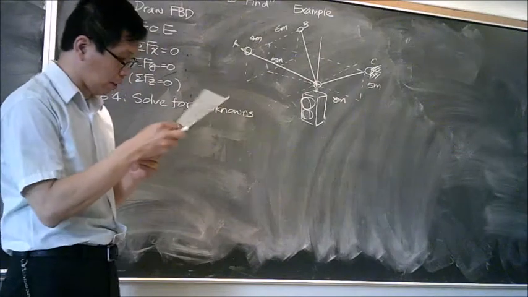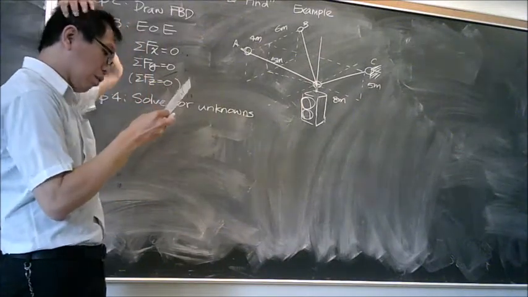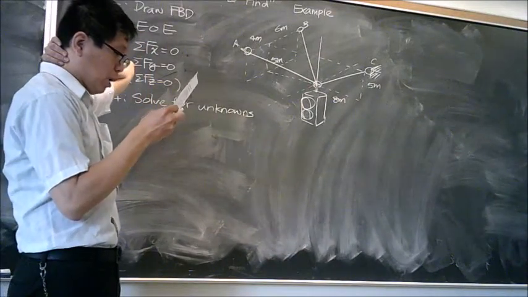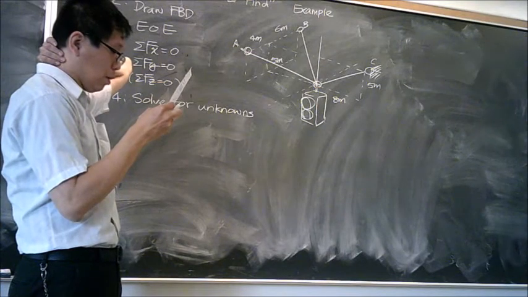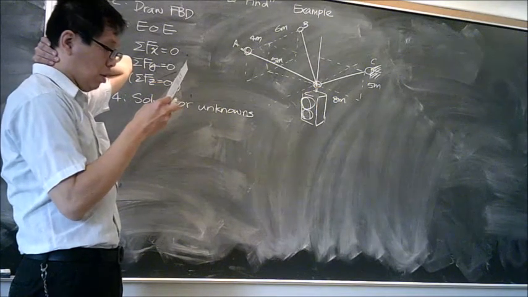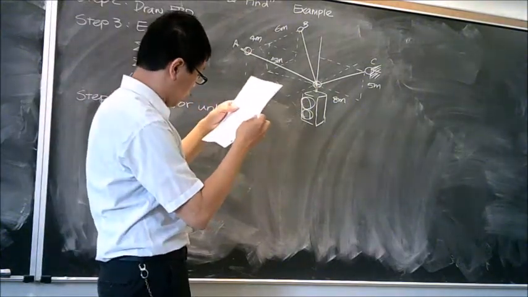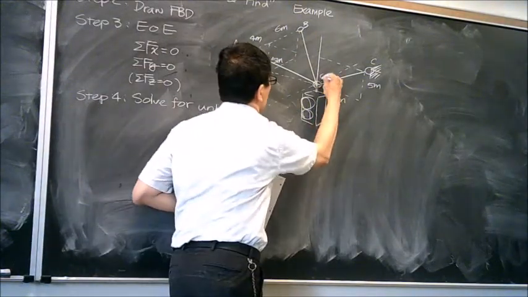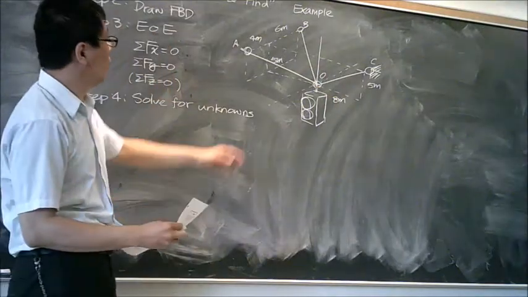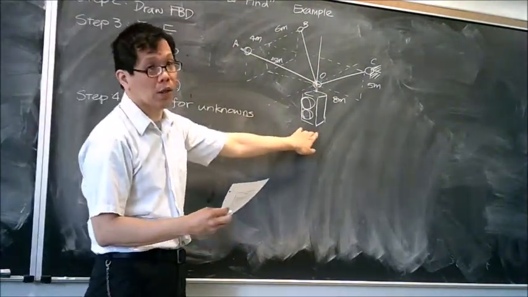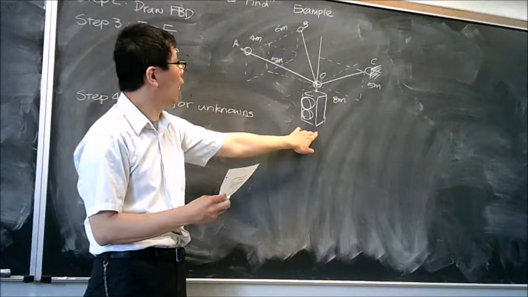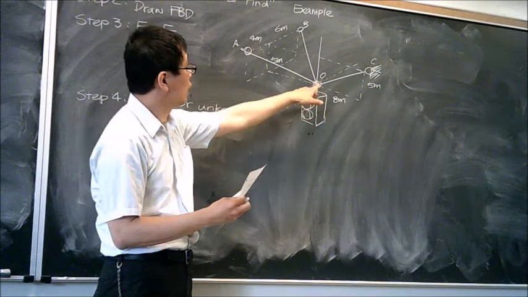Okay, I have a traffic light that is 100 kilograms, supported by a system of cables as shown in this figure. Determine the tensions in each of the three cables. So let's name this one as O. I have this 100 kilograms, and I need to find out all the forces.